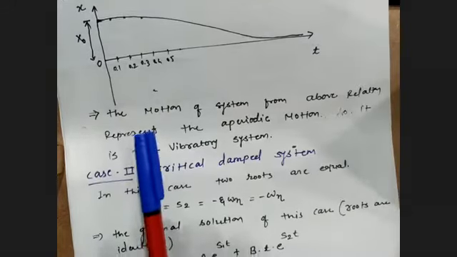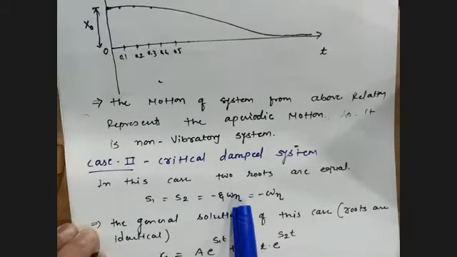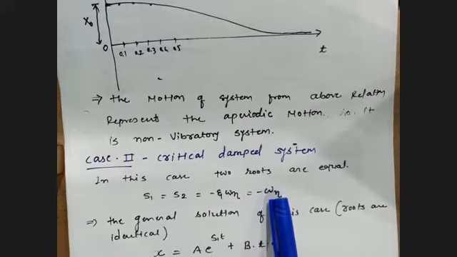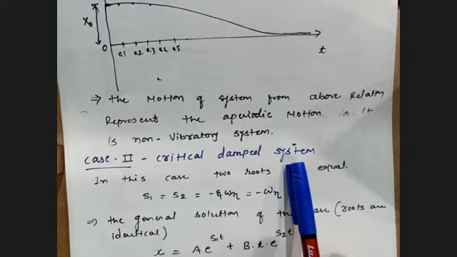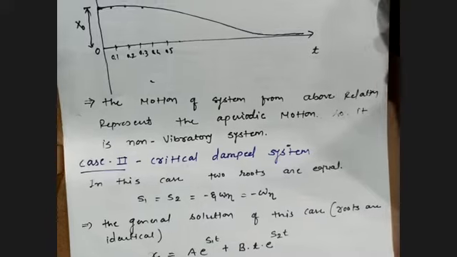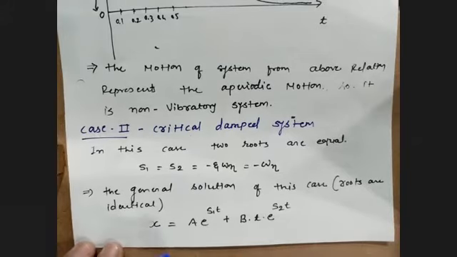In this case, S1 and S2 is equal to minus zeta omega n, and zeta is equal to 1, so it is only minus omega n, right? So in the critical damping system, the roots are equal. And if the roots are equal, then the solution is given in this form, right?